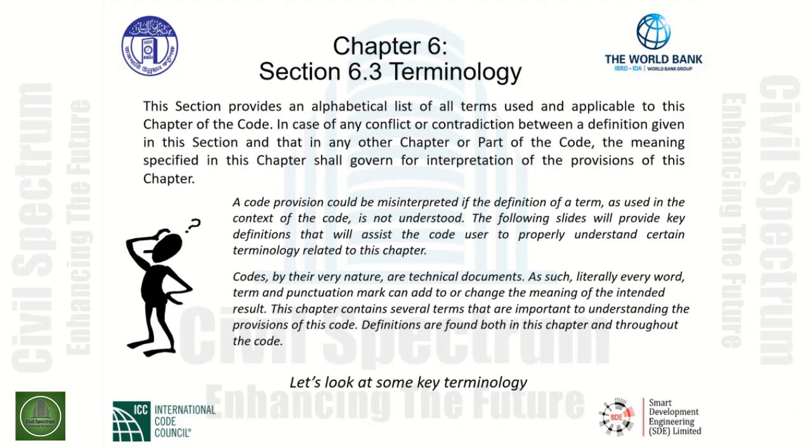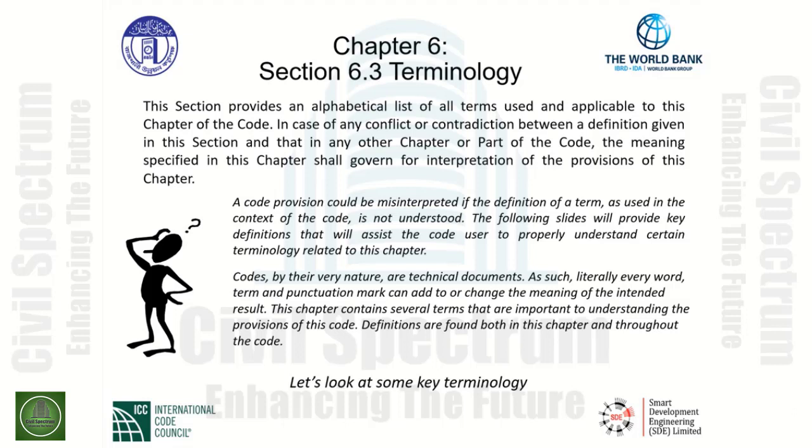A code provision could be misinterpreted if the definition of a term, as used in the context of this code, is not understood. The following slides will provide key definitions that will assist the code user to properly understand certain terminology related to this chapter. Codes, by their very nature, are technical documents.